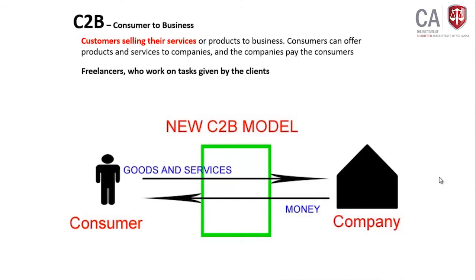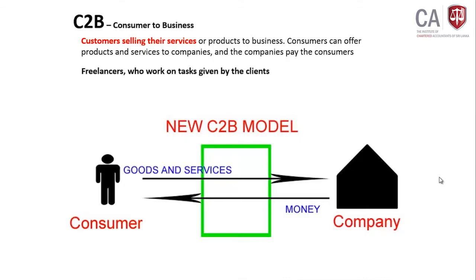So let's say a cleaning service is established as a company, providing service to companies. But company A does not buy the service from the company; they decide to buy it from a customer, meaning a consumer.